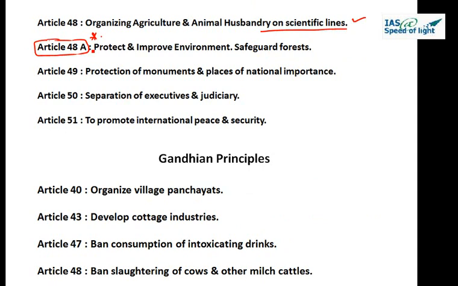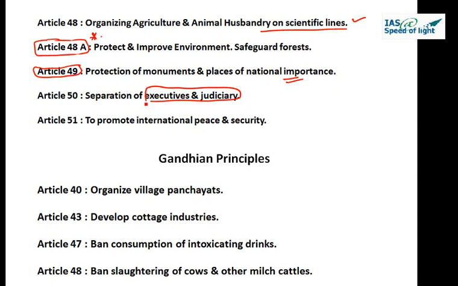Article 49 tells us about the protection of historical monuments and places of national importance. Many laws have been made and societies formed by the government to protect these monuments and places of national importance. Article 50 talks about the separation of the executive and judiciary, in the public services.